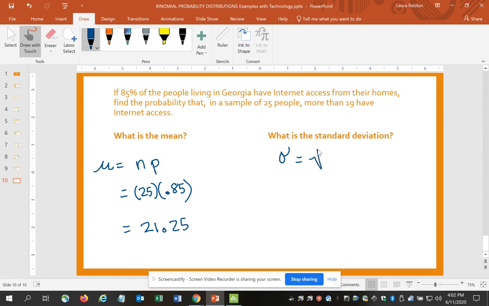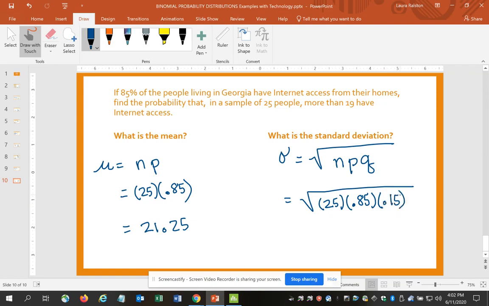My standard deviation is the square root of n times p times q. Again, guys, these are basic calculator calculations. So n is 25, p is 0.85, q is 0.15. So we do the calculations.